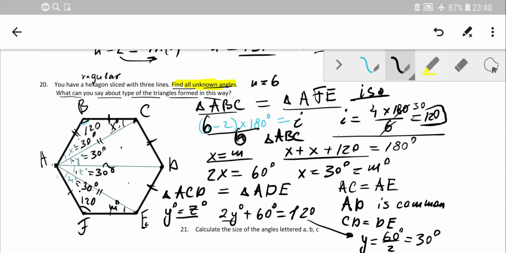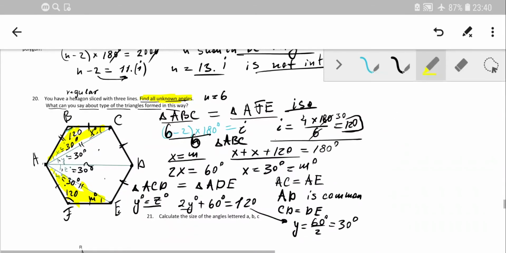So that's why AFE is also an isosceles. We have 30 degrees here. Those triangles, ABC, I just marked them. They are isosceles.